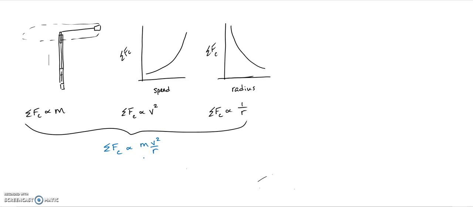Now, if your data was really good, and if you knew the mass of the stopper and all that stuff, you could go back in and say, well, it's directly proportional, so there must be some sort of constant that you multiply it by, kind of like the coefficient of friction, it's just a number. But if you do the math, you end up finding that that number is actually the number 1. So not only is this directly proportional, this is actually equal to. So it's actually an equal sign. So that's the equation that we walk away with when we combine these 3 equations.